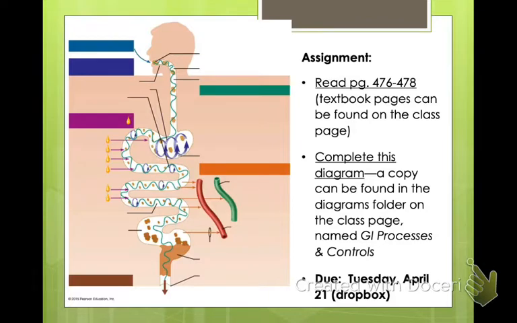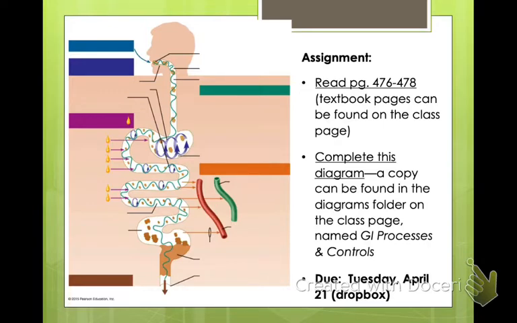It can be found in the diagram folder on the class page, and it should be named GI Processes and Controls. And so you're just going to fill that in, kind of like a note worksheet, and you can use your textbook to do that because this same diagram is in your textbook. And it'll be good to add that to your notes, and it's a helpful study guide when it's test time or quiz time. And this diagram is due in the Dropbox Tuesday.